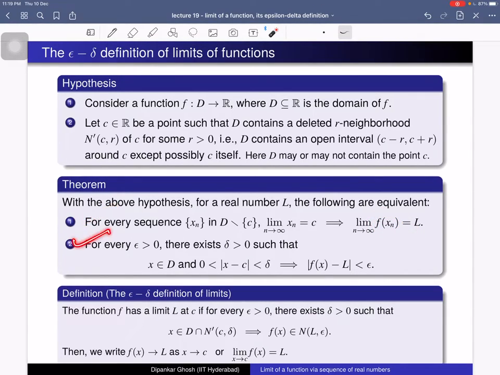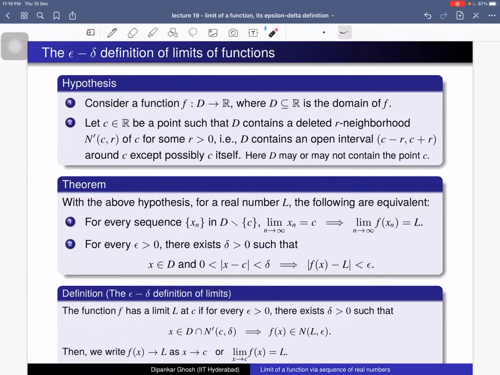The second one says that for every positive real number epsilon, there should be some positive real number delta such that for all x belonging to D in the deleted delta neighborhood of c, the function value lies in this range. In other words, for all the points in D in the deleted delta neighborhood, the function value should lie in the epsilon neighborhood of L.